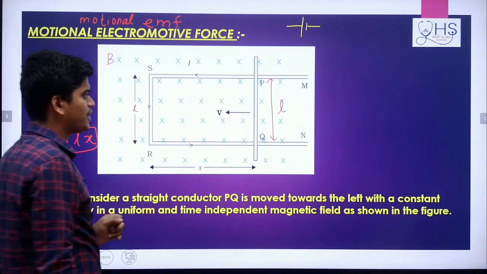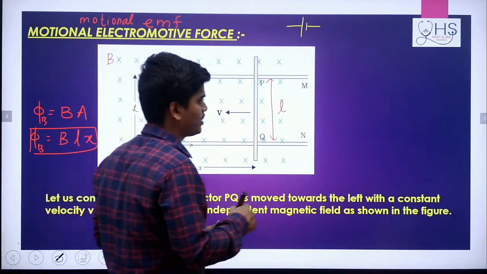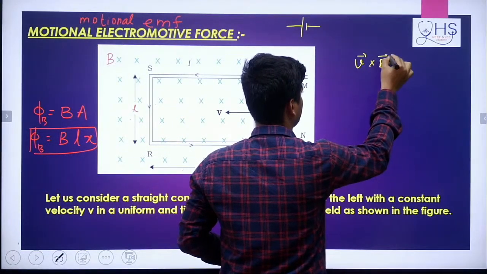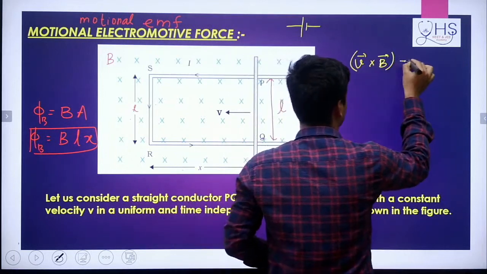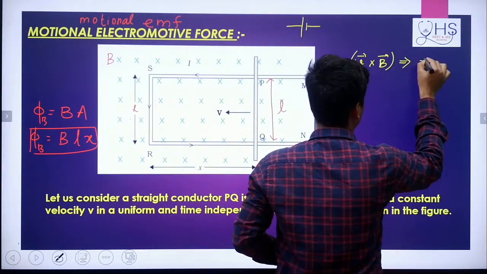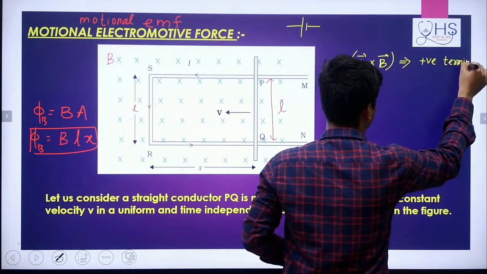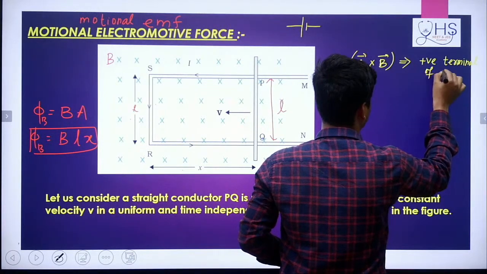To do that, you find V cross B. V cross B will give you the positive terminal of the cell.